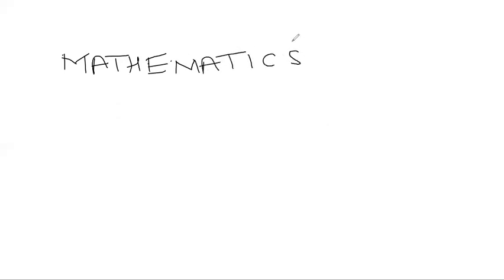Like if you are told to write mathematics, you have to practice it. If you are told to write mathematics in both forms, now you are told to write it in roster form, then how will you write it? You have to write all the alphabets and not repeat them.